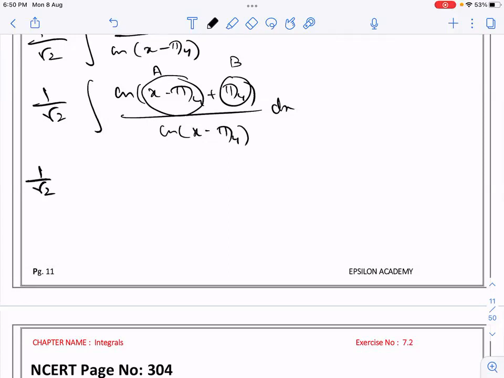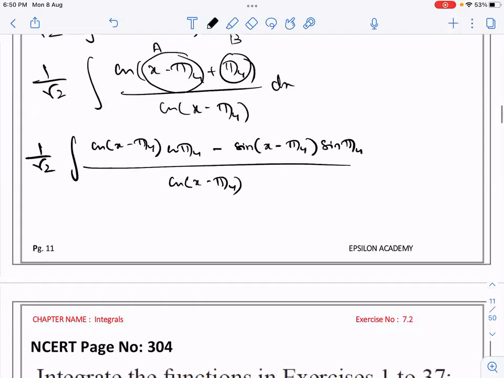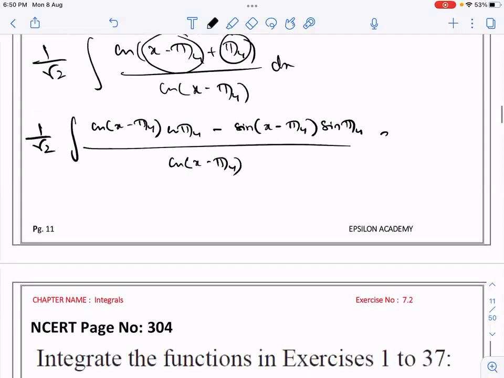So 1 by root 2 into integral of cos of x minus pi by 4 plus pi by 4. So you will have cos of x minus pi by 4 cos pi by 4 minus sin of x minus pi by 4 sin pi by 4, the whole divided by cos of x minus pi by 4 dx. Right.